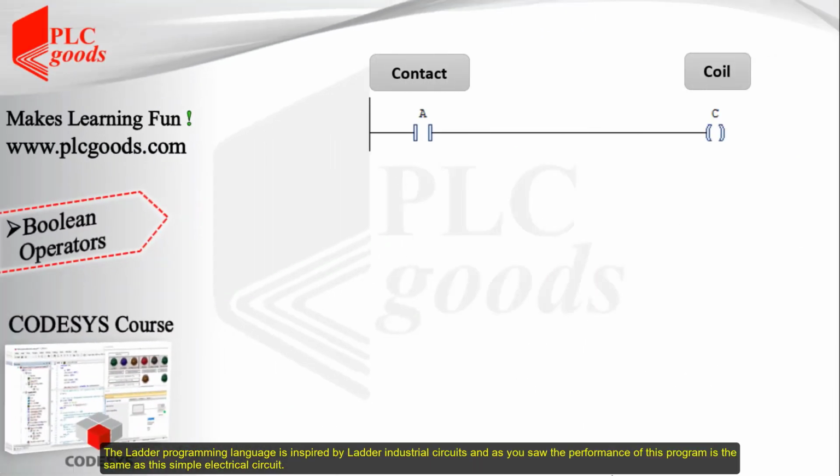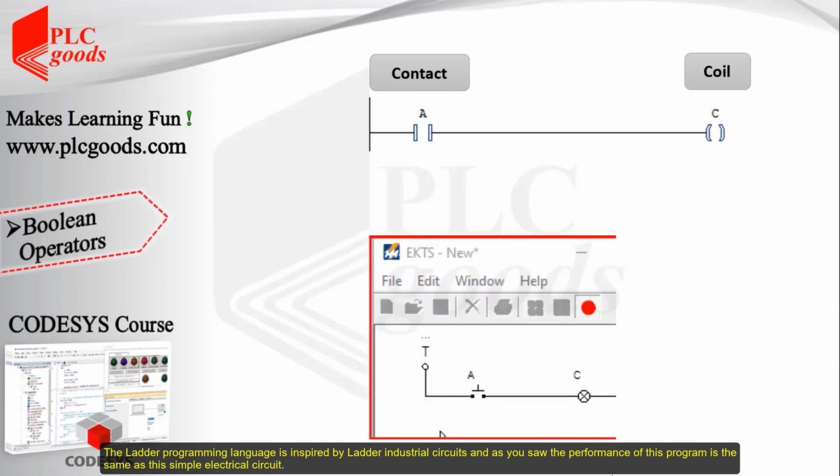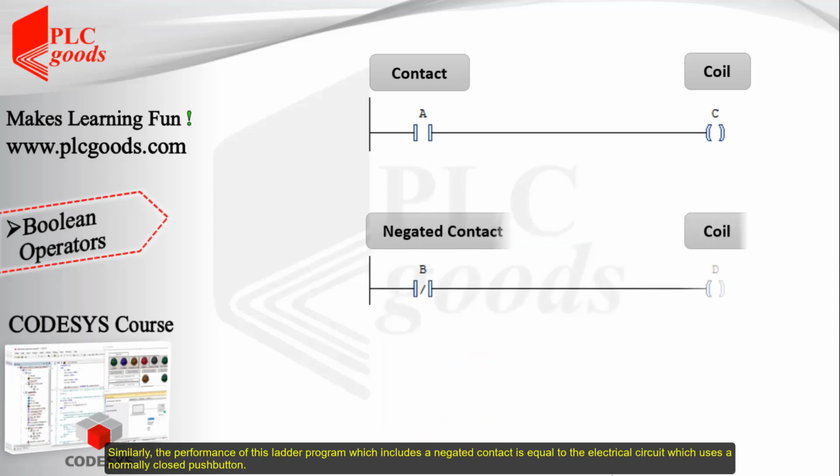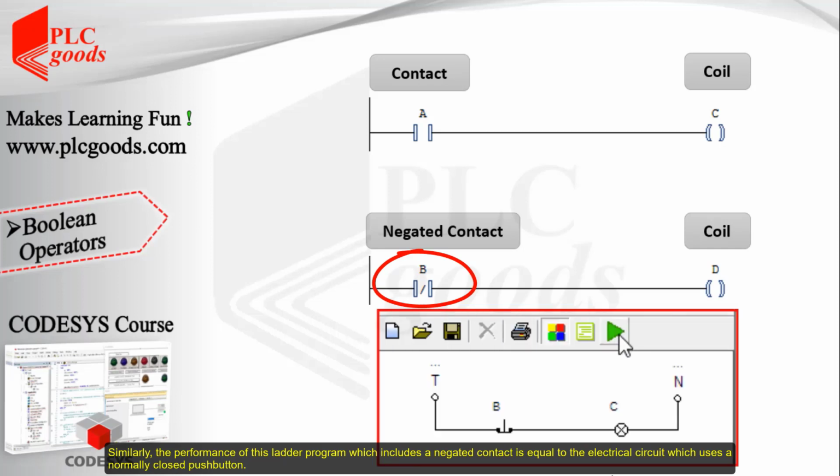The ladder programming language is inspired by ladder industrial circuits, and as you saw, the performance of this program is the same as this simple electrical circuit. Similarly, the performance of this ladder program, which includes a negated contact, is equal to the electrical circuit, which uses a normally closed push button.